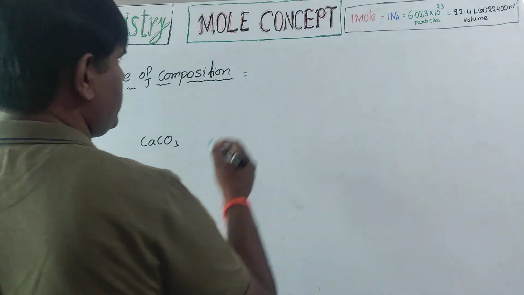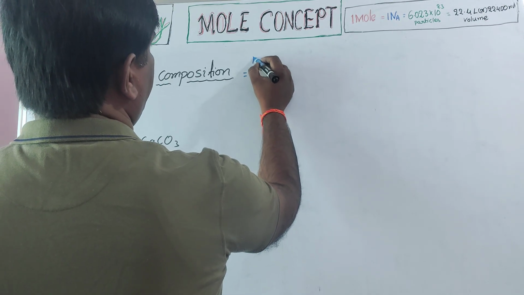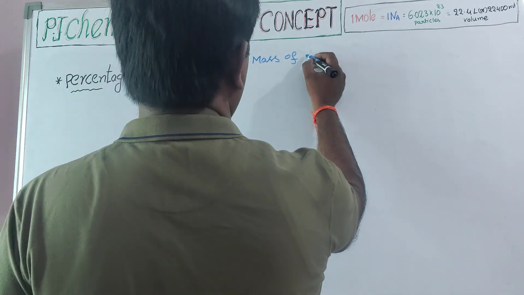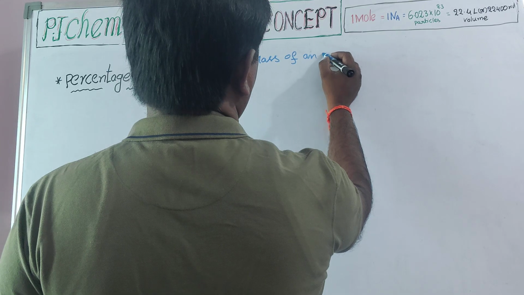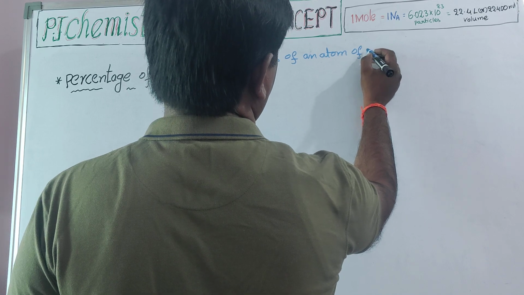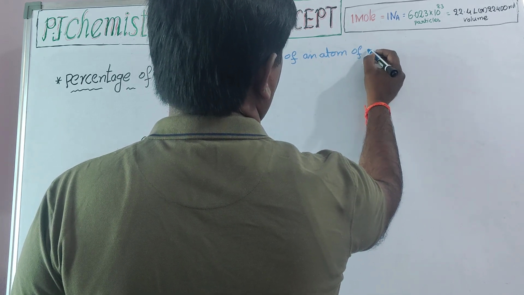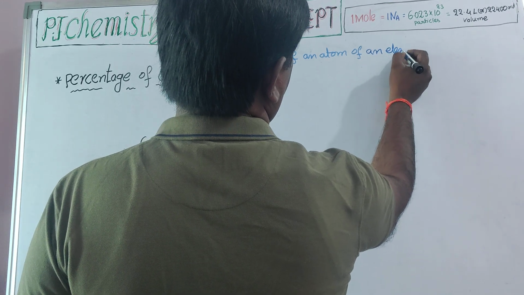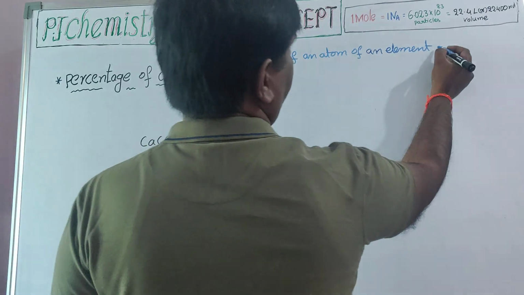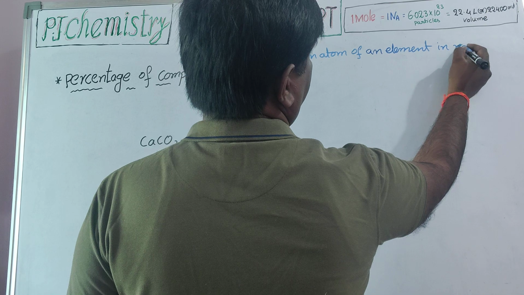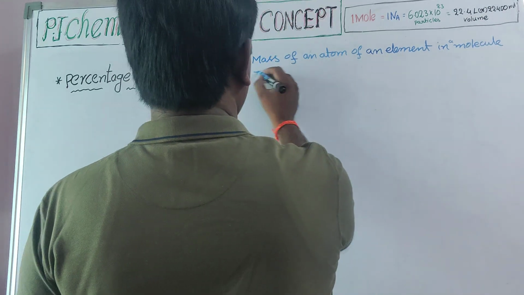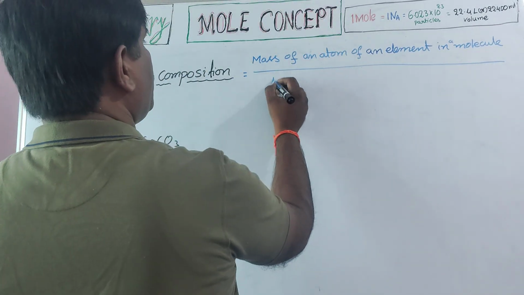Percentage of composition is equal to mass of an atom of an element in a molecule divided by total molecular mass.